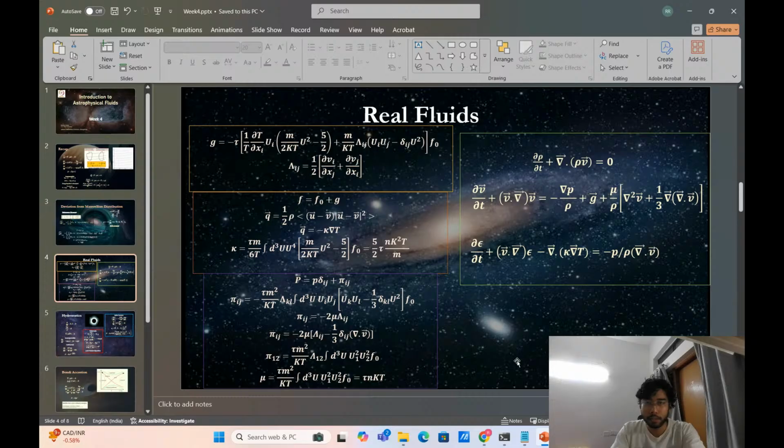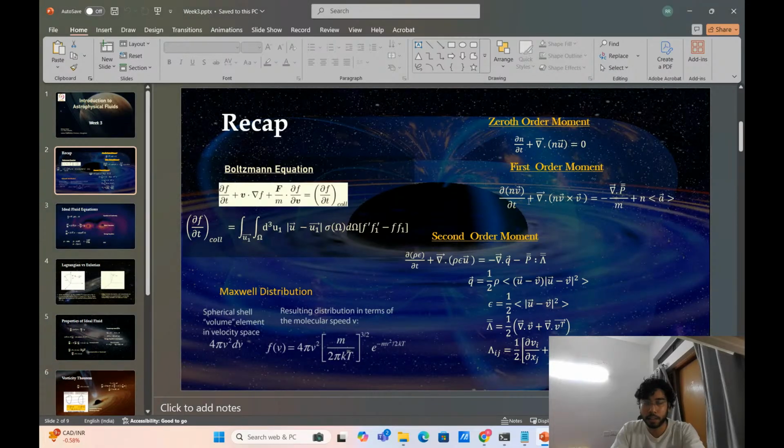Similarly, let me also show you that earlier this pressure term was just P delta ij. Now this pressure term will no longer be P delta ij because this won't be diagonal anymore. There will be off-diagonal components of this pressure tensor. By off-diagonal, I would like you to imagine any tensor as a matrix.